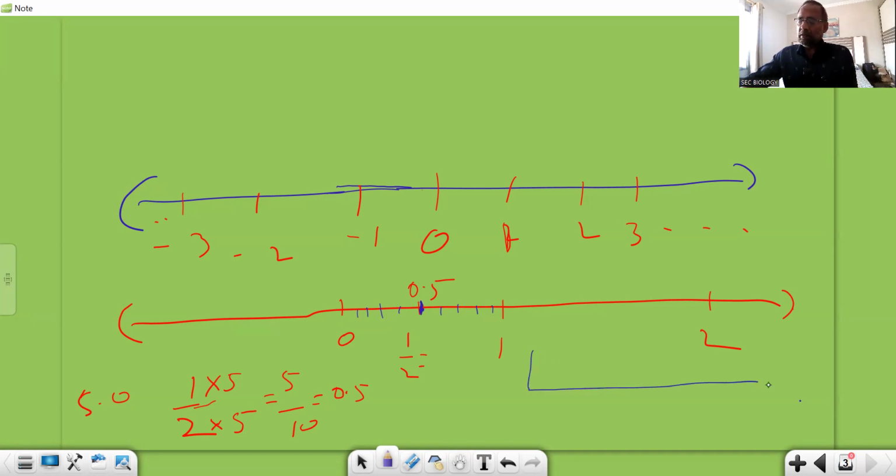Listen here. This is the cake from 0 to 1. This is one full cake. I cut it into 10 parts. Here you can see 1 by 10. Understand? 1, 2, 3, 4, 5, 6, 7, 8, 9, 10.